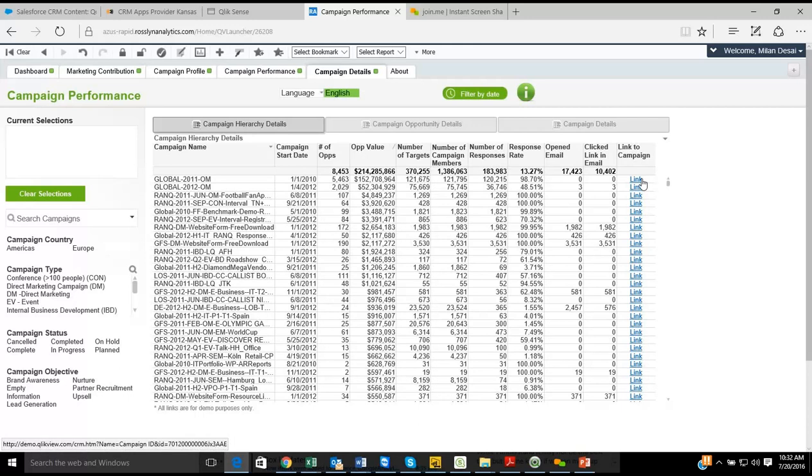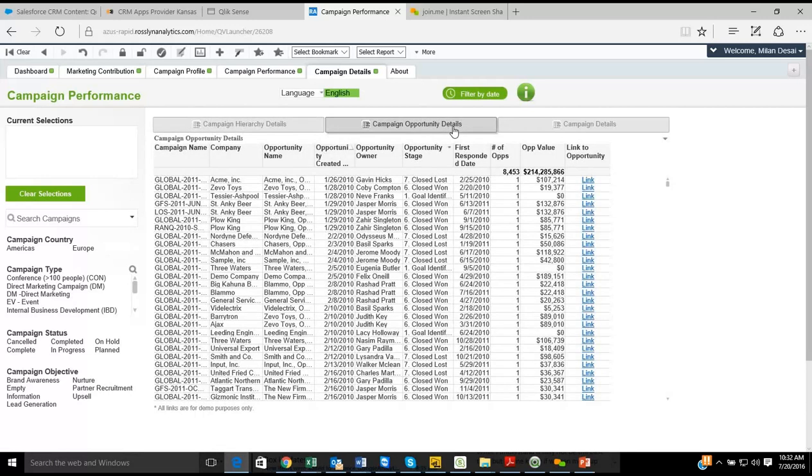And then you can link to the campaign section within Salesforce CRM to go and see how the campaign was run and then all the details that you would like to see. So what kind of opportunities were generated, the name of the people, name of the company, all the kind of information that you're looking for.